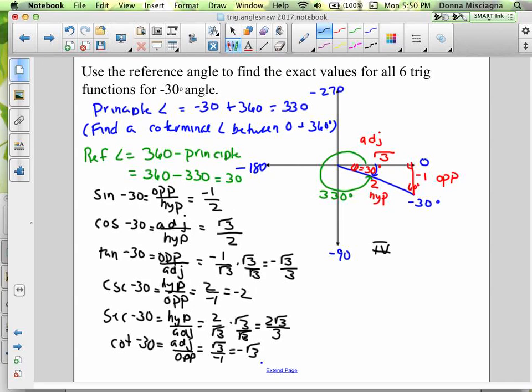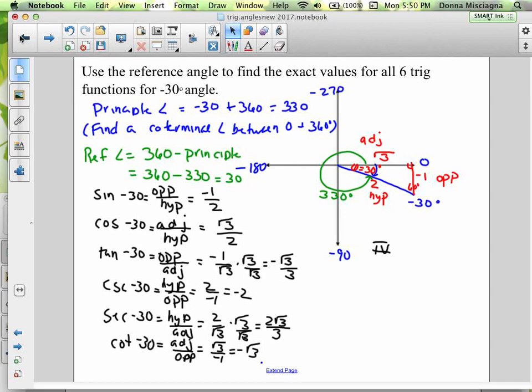It also works out that they would be the same for a 30-degree angle, but notice that that's not our typical 30-degree angle. That 30-degree angle is in the fourth quadrant. Normally a 30-degree angle is in the first quadrant. A 30-degree angle in the fourth quadrant is going to change our signs, because now we're going to have two that are negative.